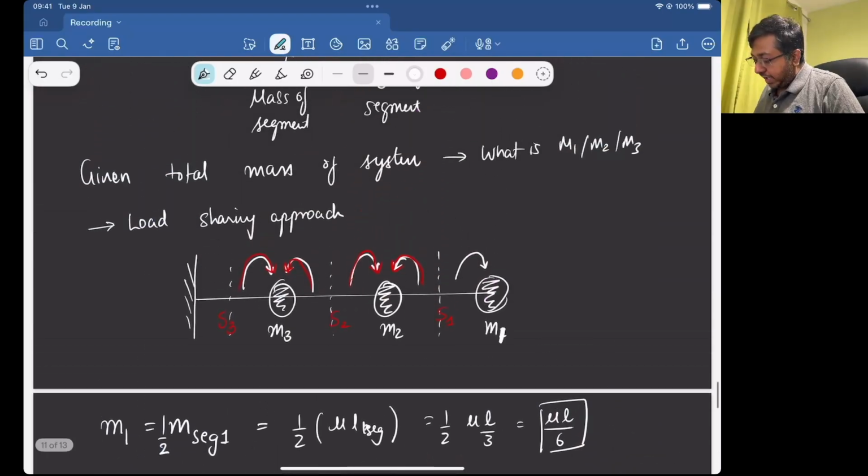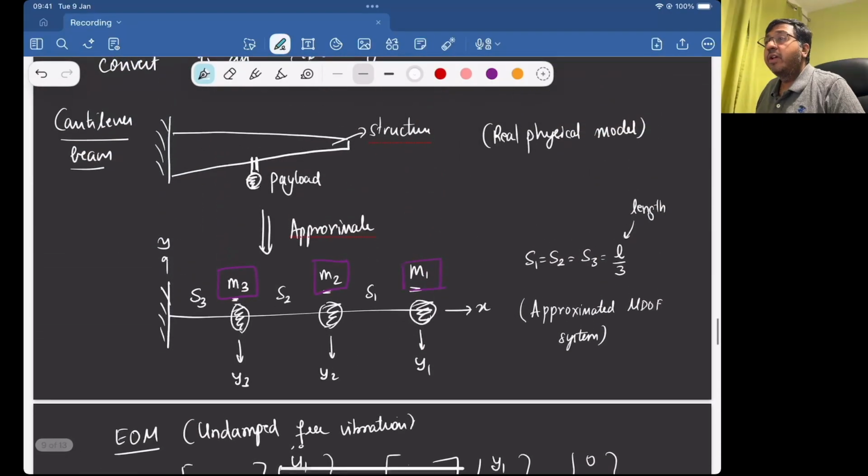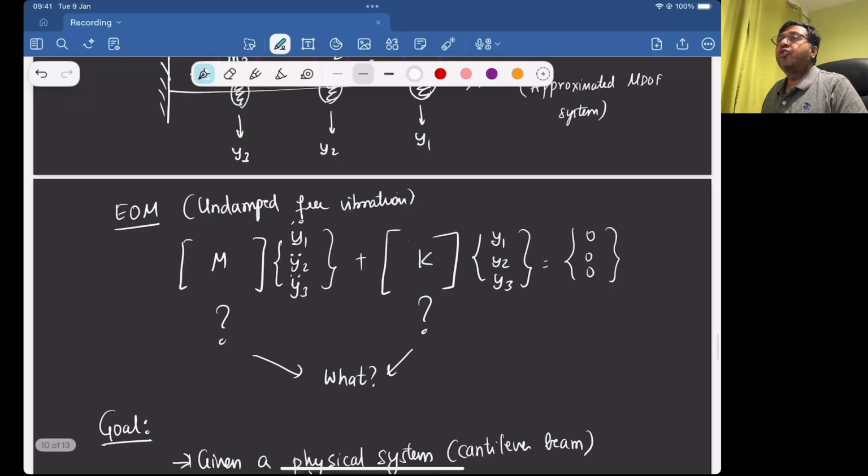So going back, we said we want to convert our complicated system into a simple MDOF system, and once we know the MDOF system, we know what the equation of motion should be, right? Mass into acceleration plus stiffness into displacement equals 0 for our free undamped vibration. We have used this idea of lumped mass to calculate the mass matrix, and now we are going to determine the stiffness matrix.